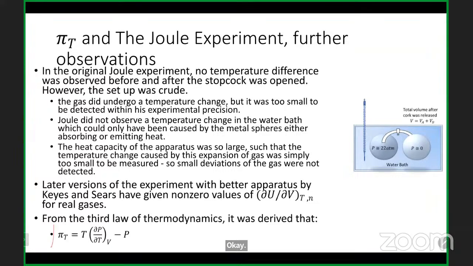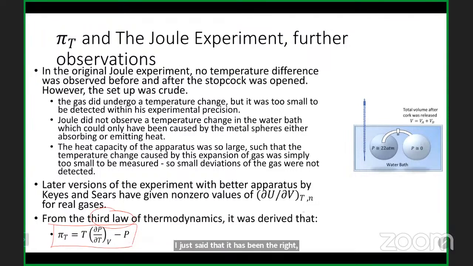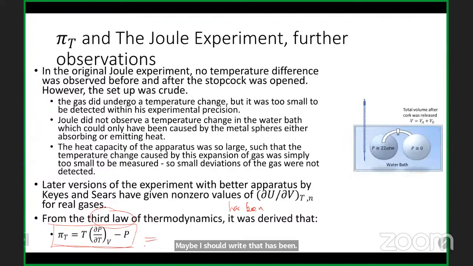I said from the third law of thermodynamics, we are not looking at the third law in this class. Sorry, yes, it has been derived. Maybe I should write that. It has been derived, that this is the expression of pi T. Please note that.